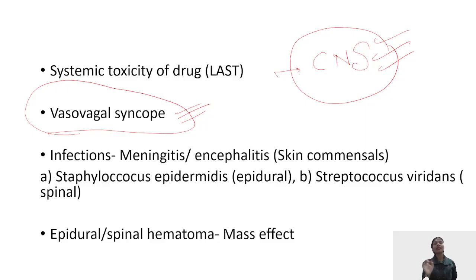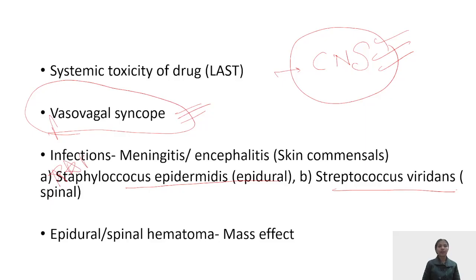That is vasovagal syncope. Infections, meningitis, encephalitis, because of the skin commensals, because of which aseptic conditions are very, very important while giving regional anesthesia. Please see the microorganisms which are responsible for them. In spinal, we have Streptococcus viridans. You have to remember this.